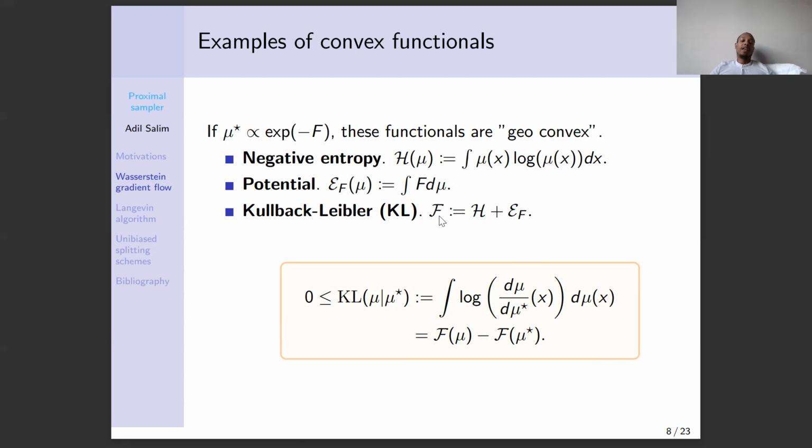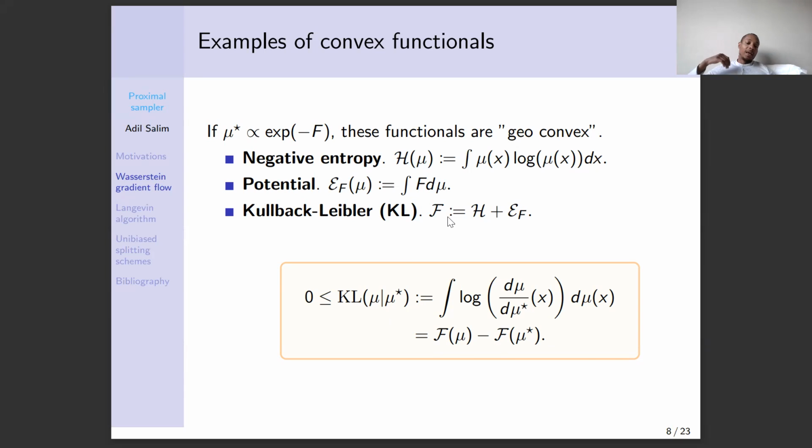It turns out that curly F is actually related to the Kullback-Leibler divergence with respect to mu star, because the KL between mu and mu star is equal to F of mu up to an additive constant. So we have these three functionals, H, E_f, and F, which is essentially the KL, that will play a role in this talk.